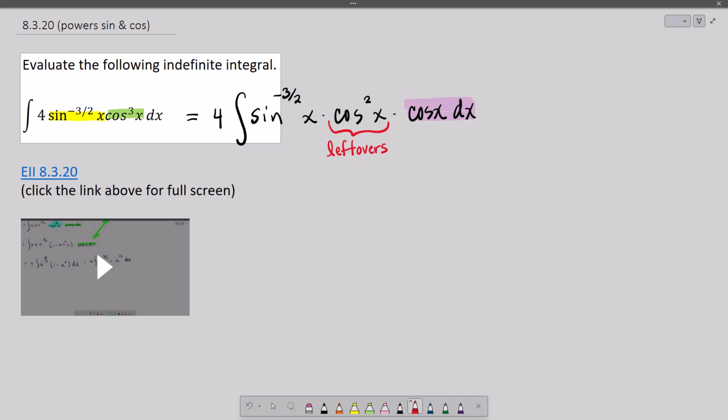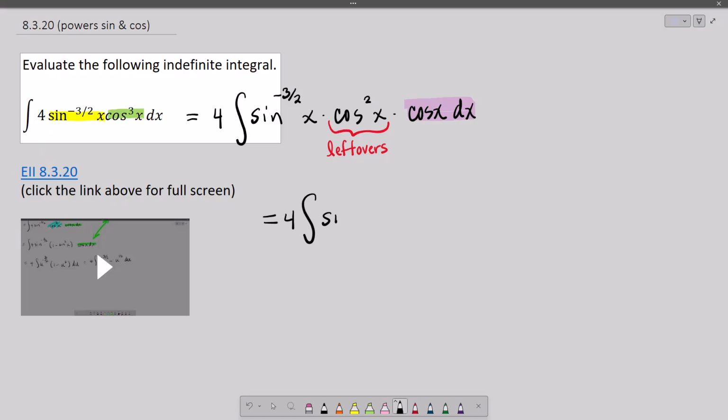And those need to be converted into what function? Sine. Right? We're pulling off the cosine with the strategy that if we let u be sine, the derivative of sine will then grab that cosine of x dx. So the leftovers need to be converted into the co-function.